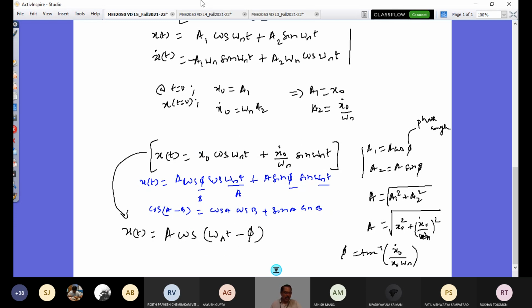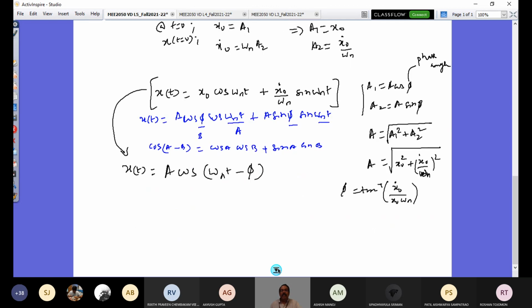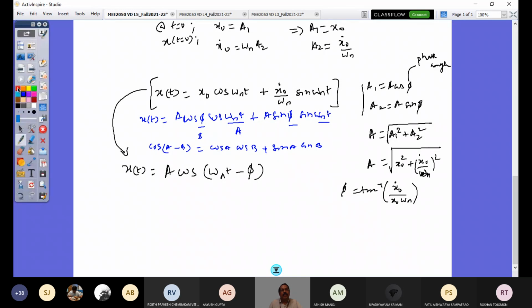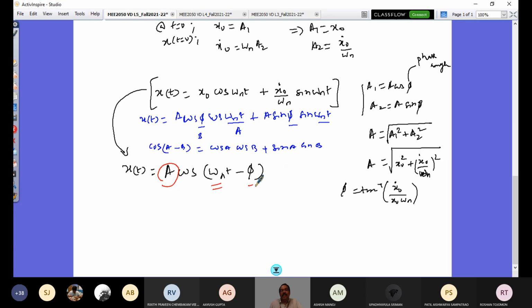So this is the most interesting compact form, where it relates three important aspects that I was telling you in the very first lecture: amplitude, frequency, and phase angle. These are the three important aspects of simple harmonic motion or harmonic oscillators. Now you can also have another way.